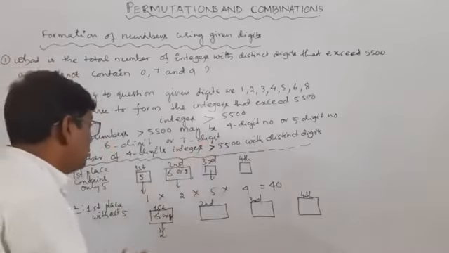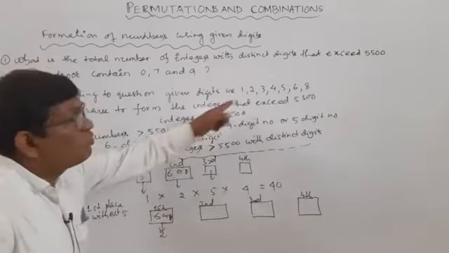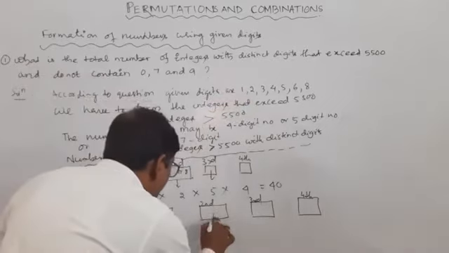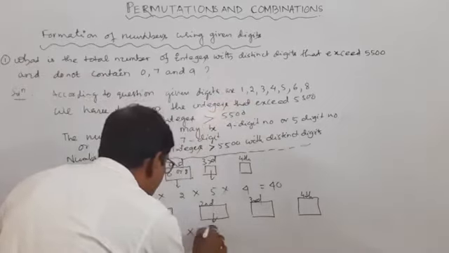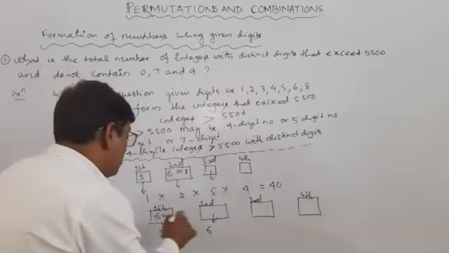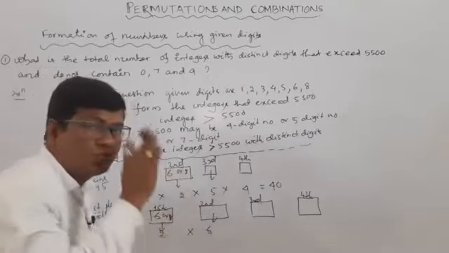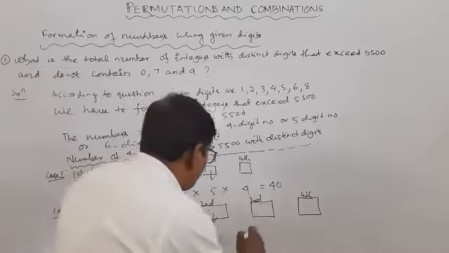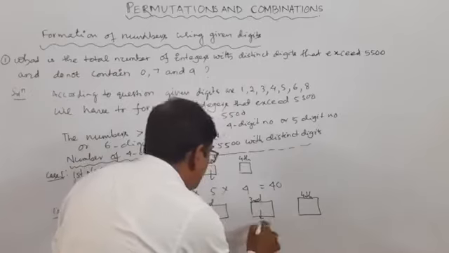1 number is used here out of 7 digits, so the remaining digits can fill the second place in 6 ways. Since repetition is not allowed, 2 digits are used here. Now the remaining digits are 5, so this can be filled in 5 ways.